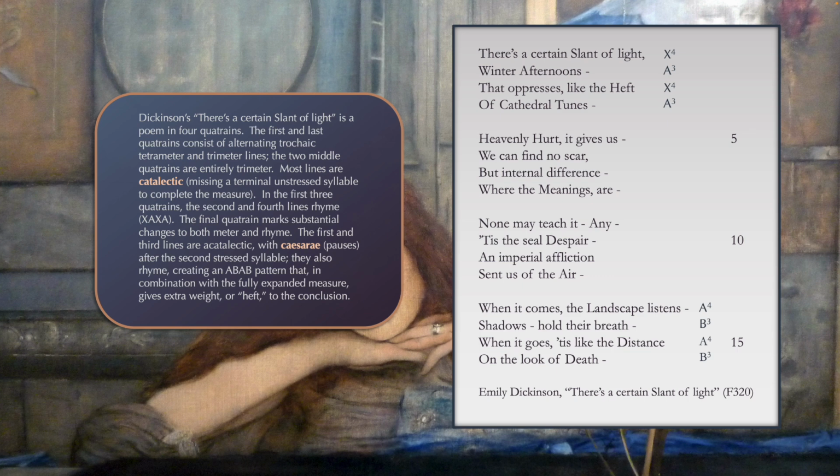Usually, it's indicated by punctuation. In this case, commas. The first and third lines also rhyme, which creates an AB pattern, which in combination with the fully expanded measure in this quatrain gives extra weight or heft to the conclusion of the poem.